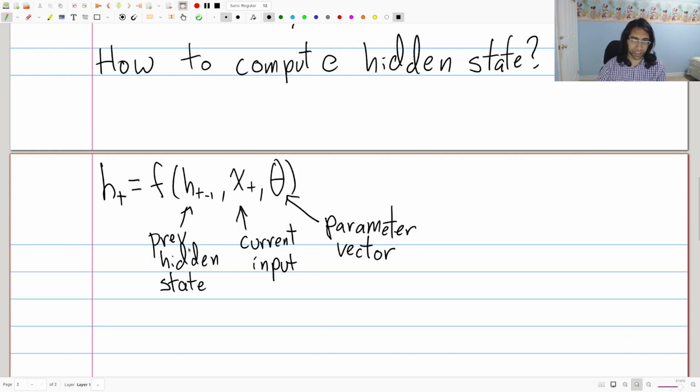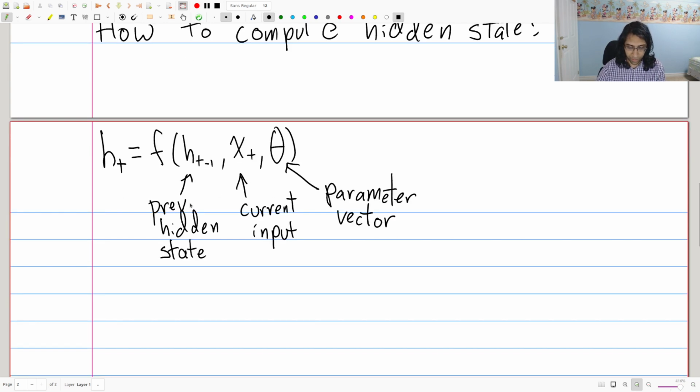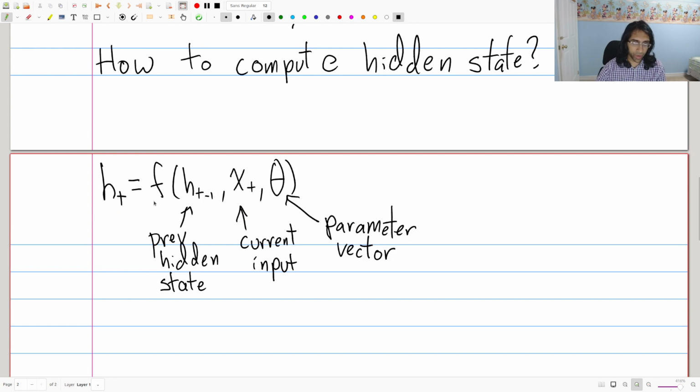It would be more challenging. But it turns out in many cases we can do a lot better just by assuming there is some shared parameter vector which is not time dependent, and that lets us save a lot of parameters. And as I've alluded to, what type of function f are we going to use? We're going to use a neural network, unsurprisingly, perhaps.